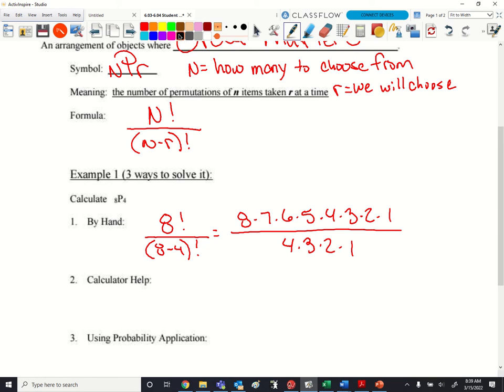I can cancel out a 4, a 3, a 2, and a 1, right? So all that's left on top is 8 times 7 times 6 times 5. If I cancel it all out, what's left on the bottom? 1. Very good. So it's just going to be divided by 1 there.